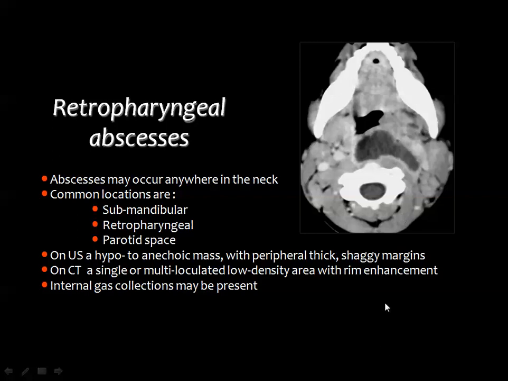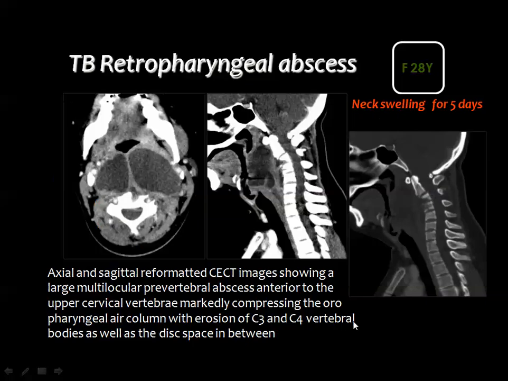The CT scan is the diagnostic modality of choice for evaluation of the size and the extension of the abscess, and also if there are internal air loculi and associated complications. And this is a retropharyngeal abscess, which is multilocular, of tuberculous etiology.